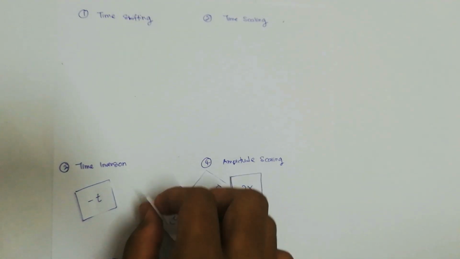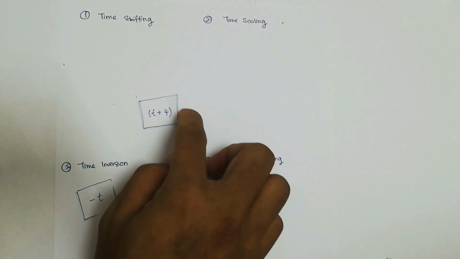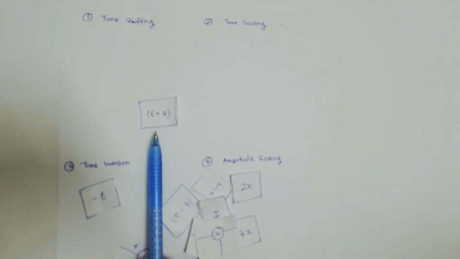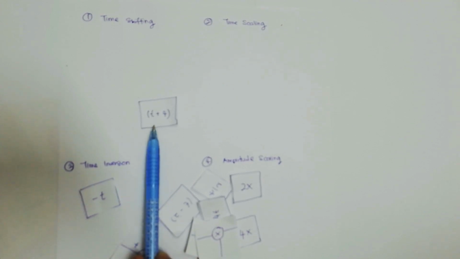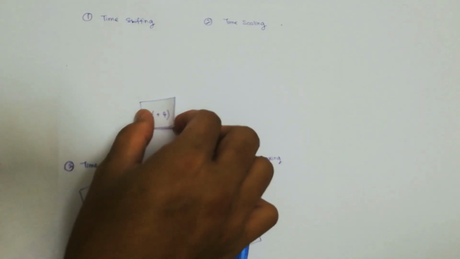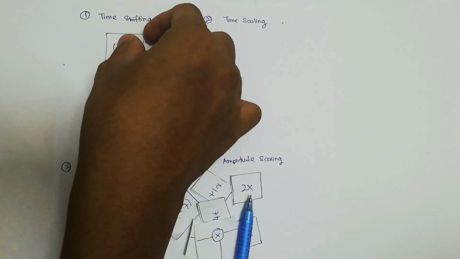For example, this one. What is the system? What transformation will be done to the input signal of this system? Try to guess. This is an advance system, so this goes to the time shifting transformation.